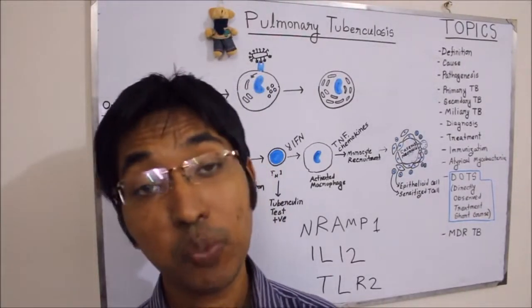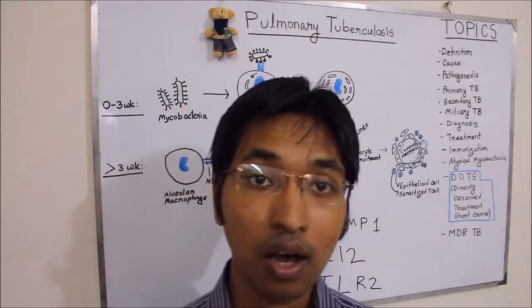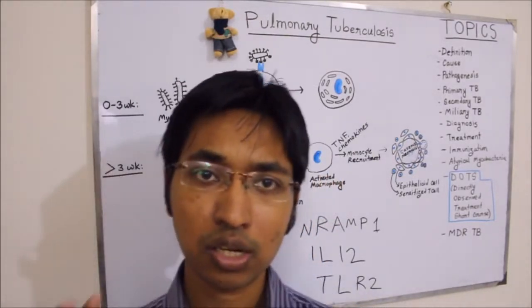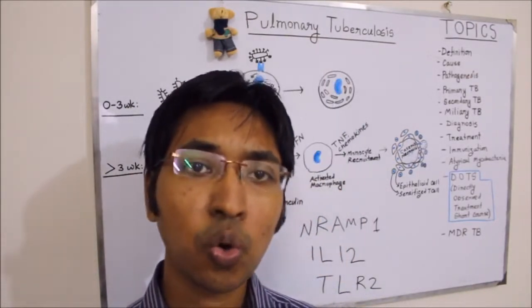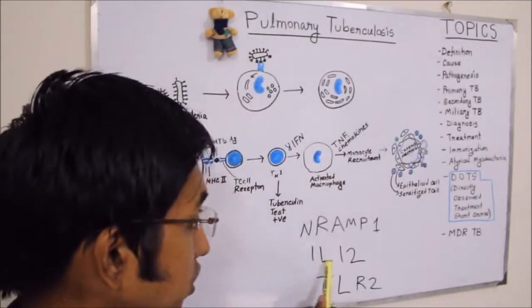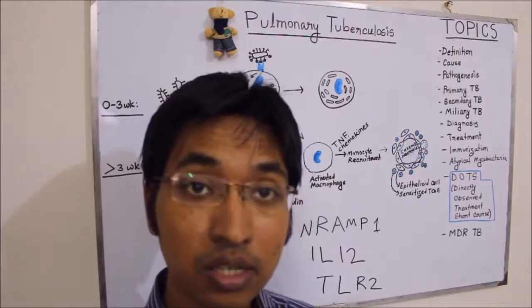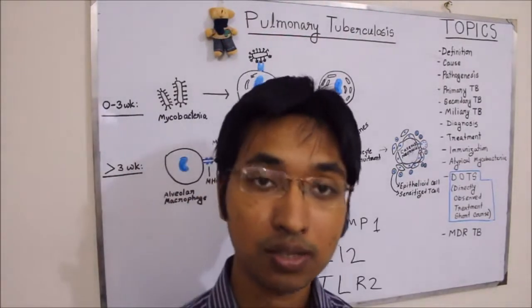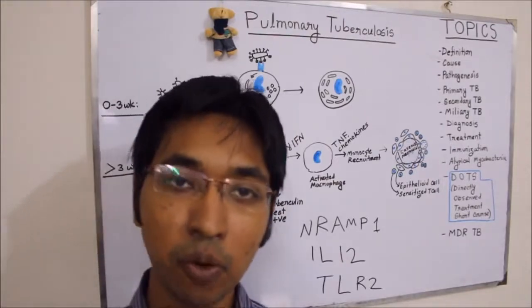So Mycobacterium tuberculosis can produce such ligands, and once those ligands bind to toll-like receptor 2, that stimulates production of this interleukin 12, and that results in differentiation of T cell into T helper 1 cell. Now this is very important.